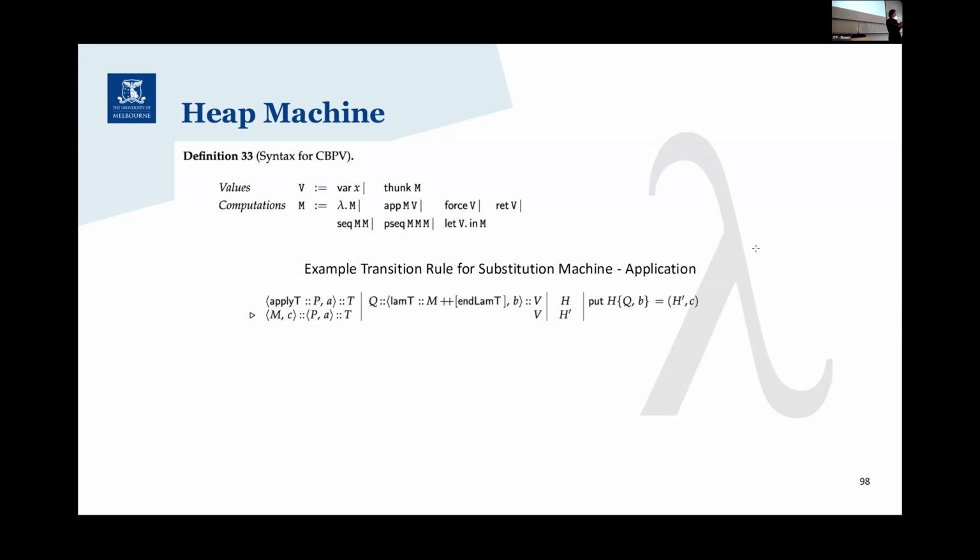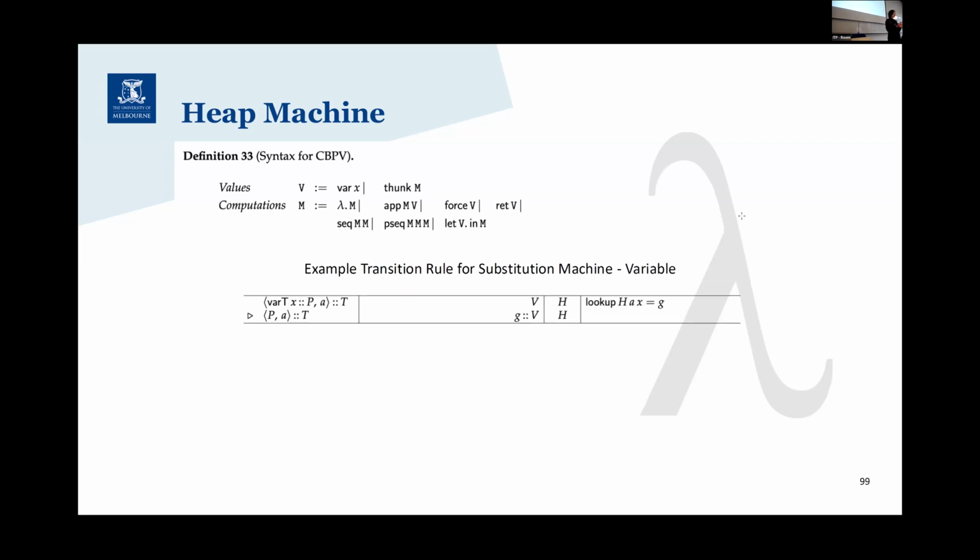As we can see in the application case, when we have our function arguments here, we put them onto the heap and update the heap. And then we carry out the rest of the program.